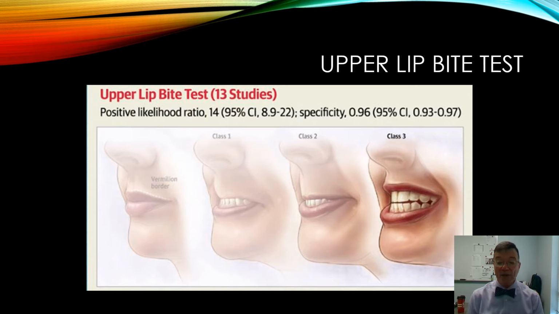And the last one is where you can't get your lower teeth up over your lip at all. And class 3 is considered difficult intubation. So this is one of the tests that I like to use myself.